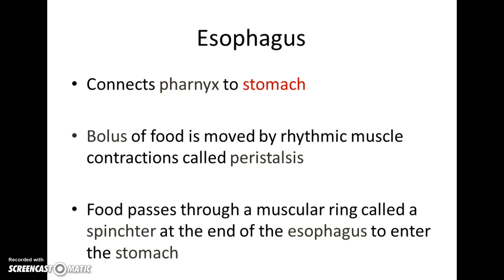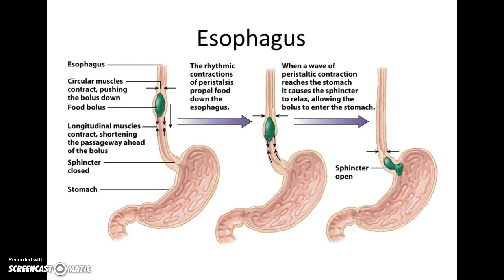Food passes through a muscular ring called a sphincter, and that could be called the gastroesophageal sphincter or the cardiac sphincter at the end of the esophagus to enter the stomach. And so if we look at that little sphincter, that sphincter needs to stay closed most of the time, except when a bolus is crossing over to the stomach.